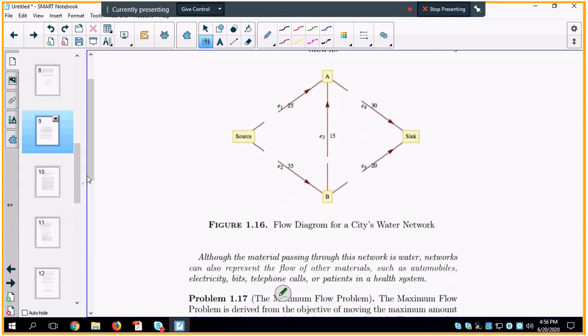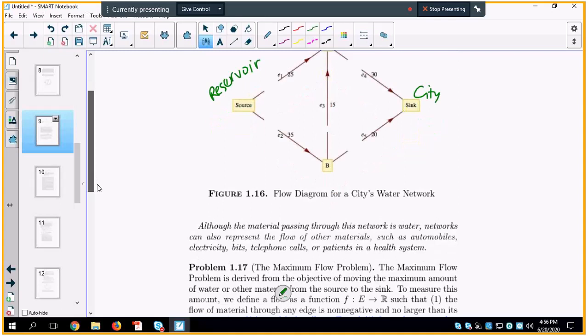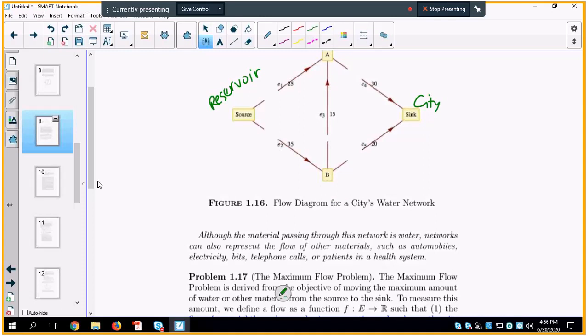So source, this was the reservoir for the city, and the sink was the city. Although the material passing through the network is water, networks can also represent the flow of other materials such as automobiles, electricity, bits of information, telephone calls, patients in a health system, and so many other things I'm sure you're quite familiar with.